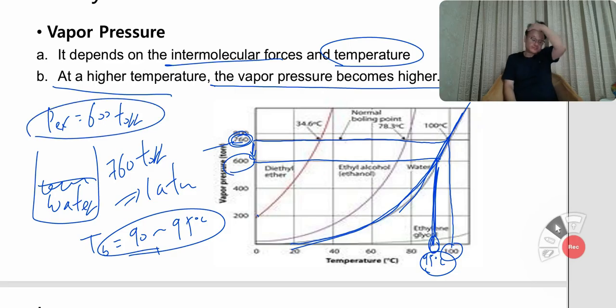When the external pressure is lower, that respective vapor pressure can be reached at a lower temperature, so the boiling temperature becomes lower.